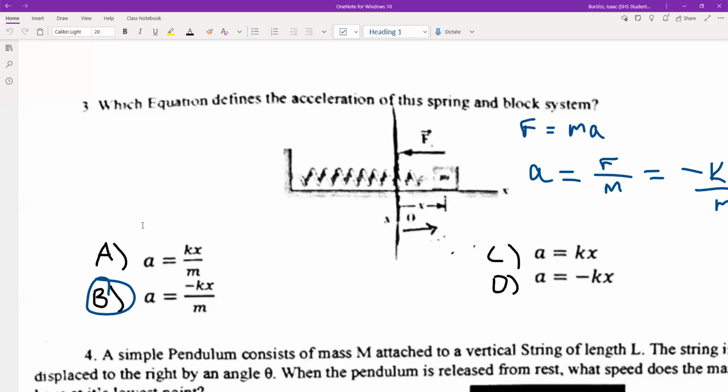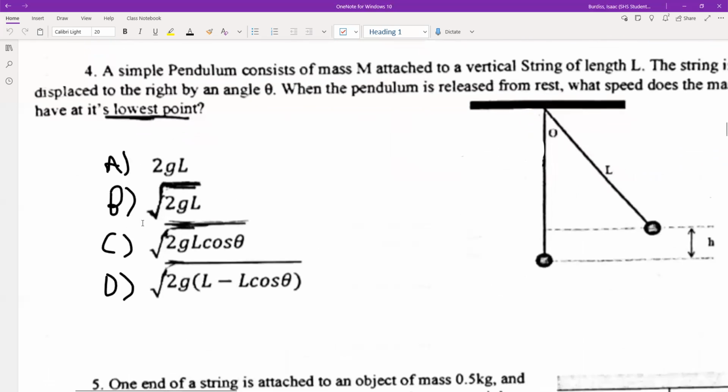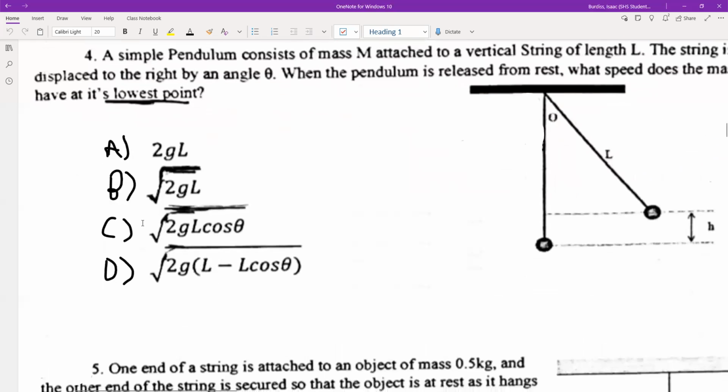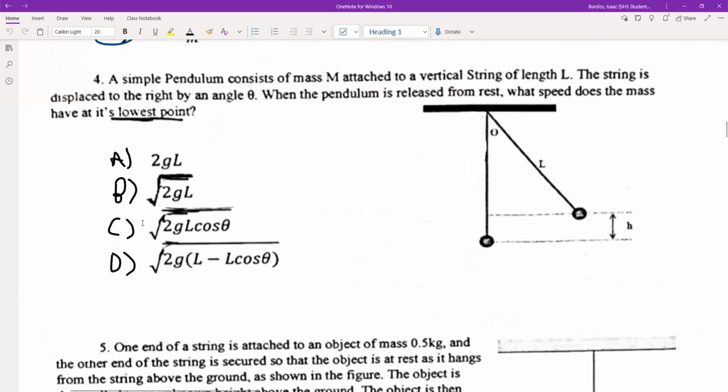So there you go. Now this one, number 4. A pendulum consists of mass m which is attached to a string of length L. It is displaced to the right by an angle theta. When the pendulum is released from rest, what speed does it have at its lowest point? So it's released from rest and we know it's going to go this way.